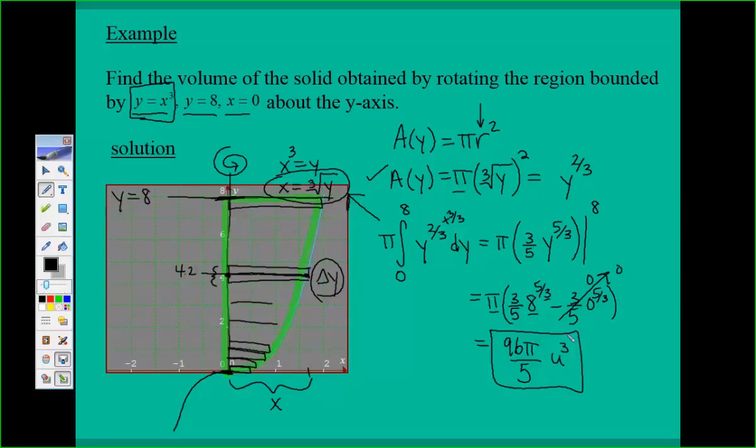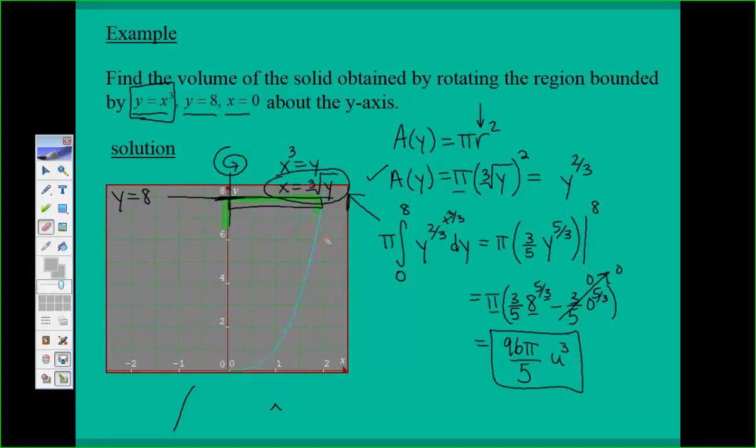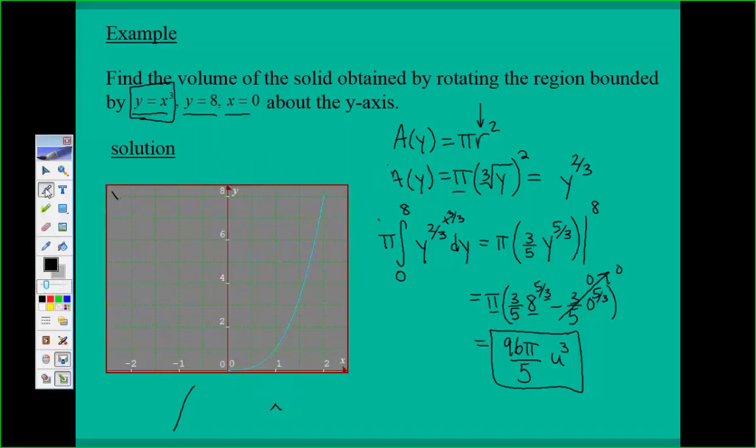That's the volume. And let me try to draw in what our figure looks like here. We would have, let's see, 1, 2, 3, 4, 1, 2, 3, 4. We'd be going back out to here.